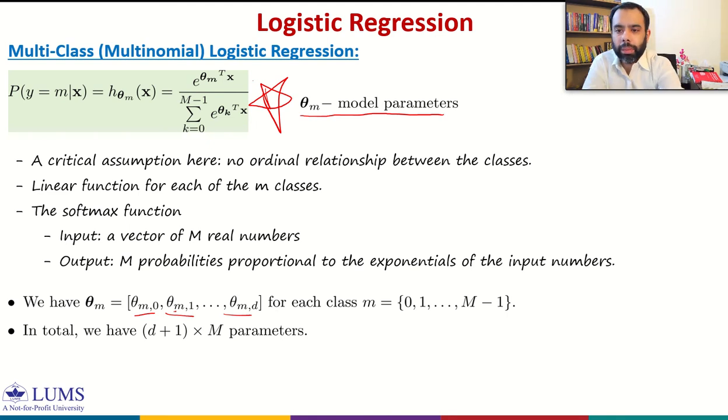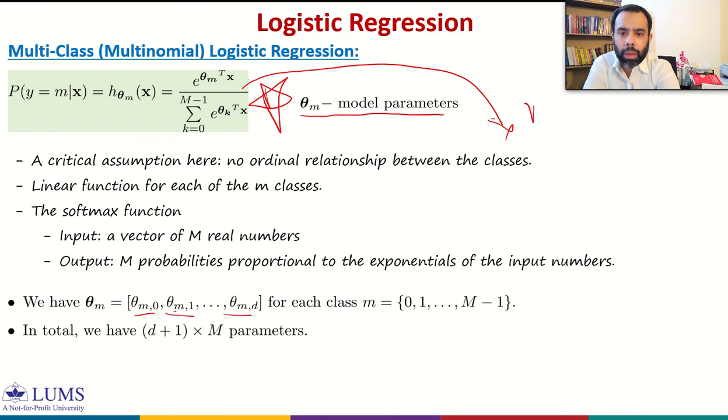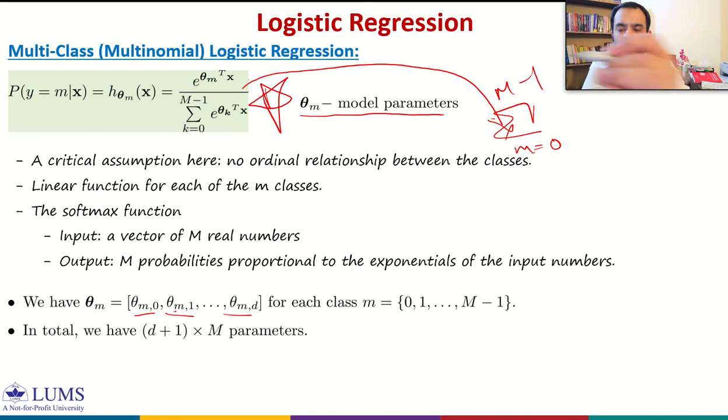For example, if you sum the numerator for m equal to 0 to m minus 1, the numerator would be equal to the denominator, and the sum of all probabilities is equal to 1.